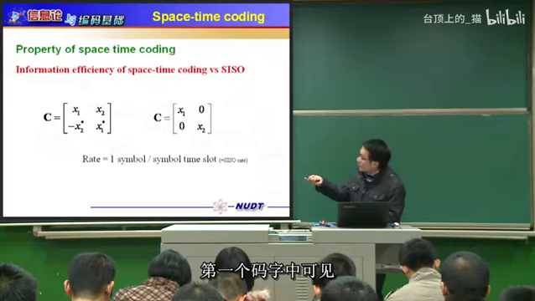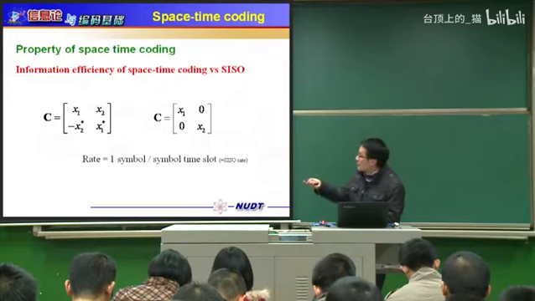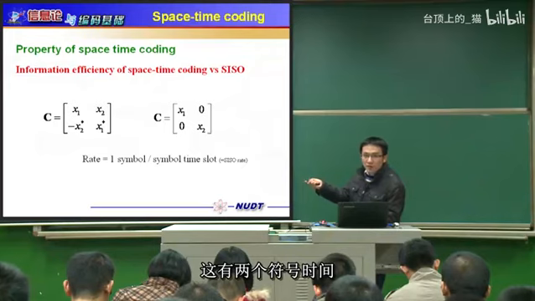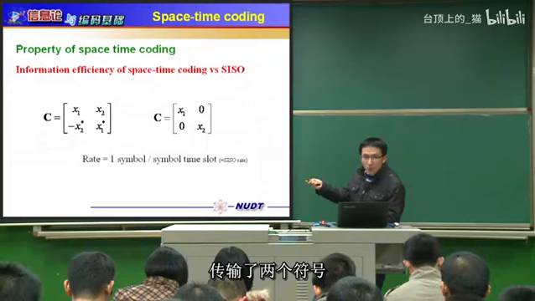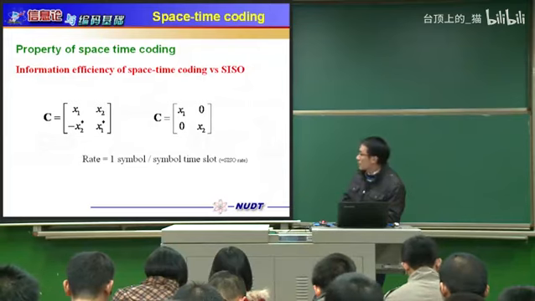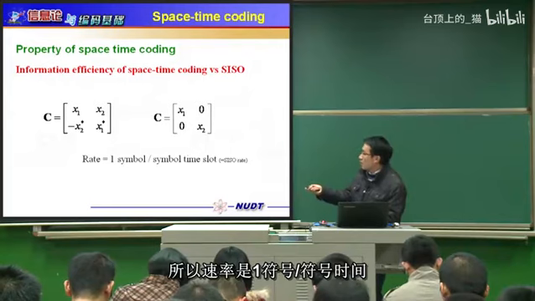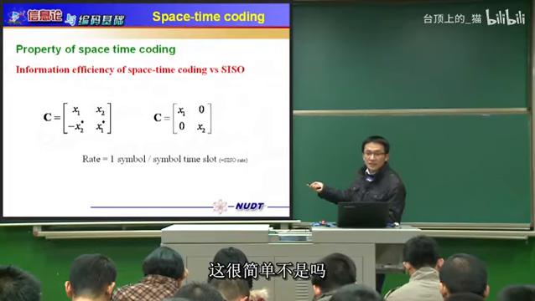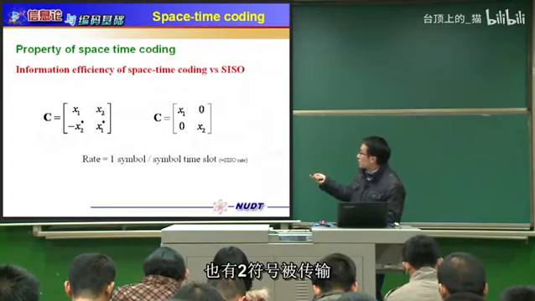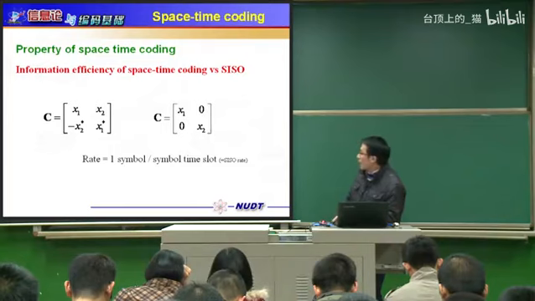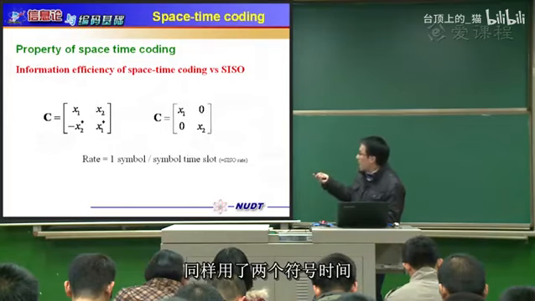We can see from the first code word, there are two symbol time slots. There are two symbols transmitted. So the rate is one symbol per symbol time slot. It's easy to understand. For the third one, there are also two symbols transmitted, and also two symbol time slots.